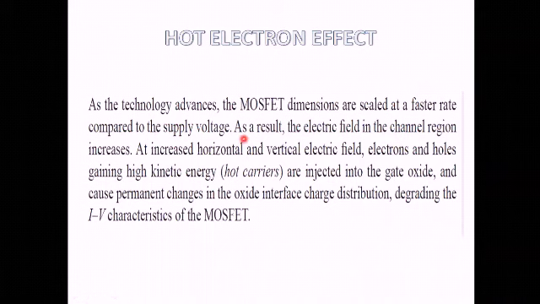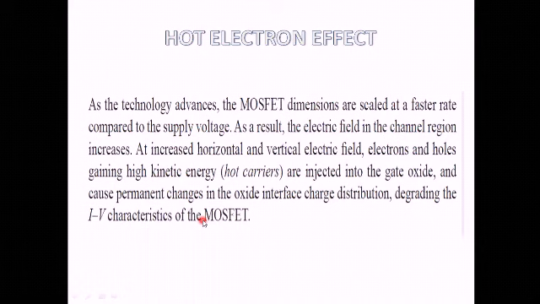At increased horizontal and vertical electric fields, electrons and holes gain high kinetic energy, and you can also call them hot carriers. They are injected into the gate oxide, which causes permanent changes in the oxide interface charge distribution, degrading the IV characteristics of the MOSFET.